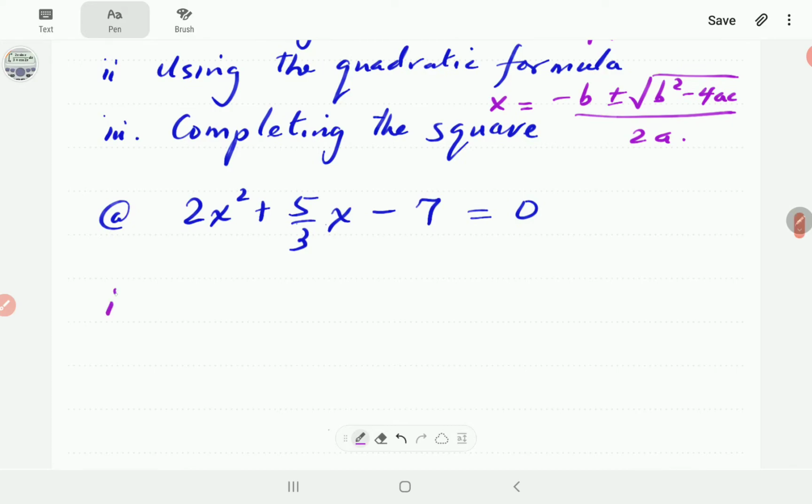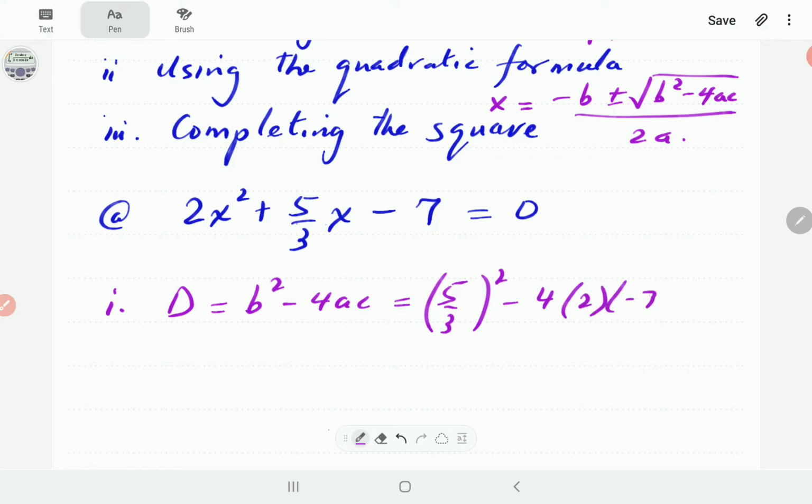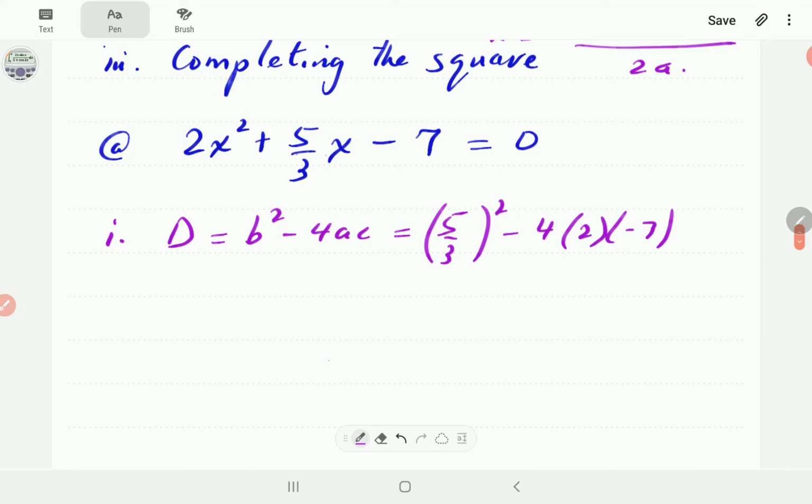All right, so here in the first instance, we are going to attempt to solve this by factorizing. The first thing we are going to do is to work out the discriminant. Here b is 5 over 3, so all squared. a is 2, c is negative 7.